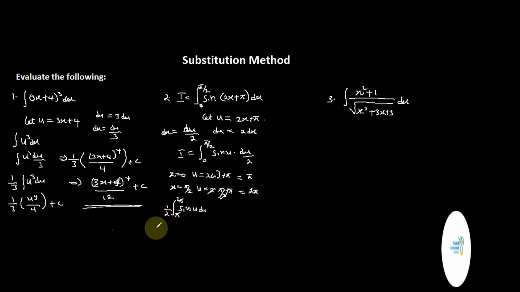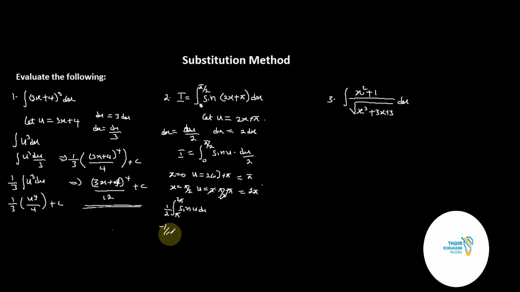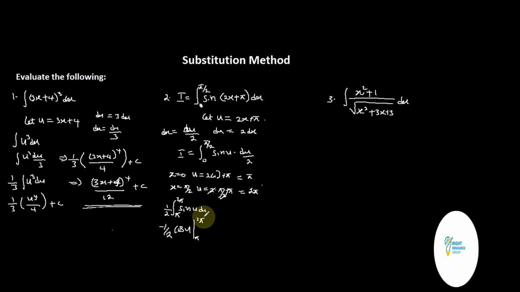So now let's integrate this. Integrating sine u is going to give us minus cos u. So let's put the minus outside: minus 1 over 2 times cos u, and we are taking our limits from pi to 2 pi. Now when you are integrating definite integrals, there's no need to put your constant, because your constant will turn to 0.